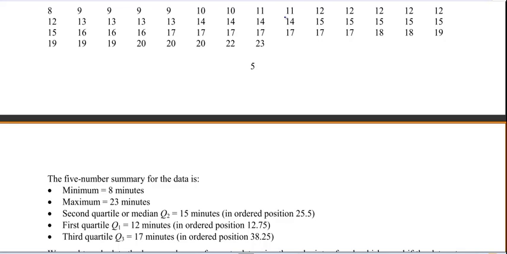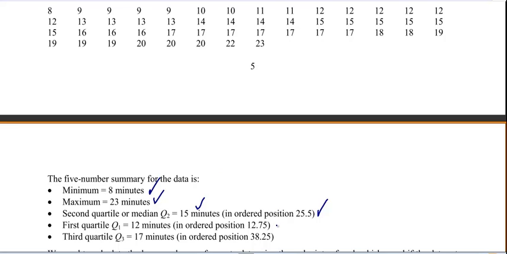Let's pull the data in. The 5-number summary is pretty obvious. The minimum is 8, the maximum is 23. The second quartile is in position 25.5, so if we go between the 25th and 26th data points and average them, we get Q2 is 15 minutes.